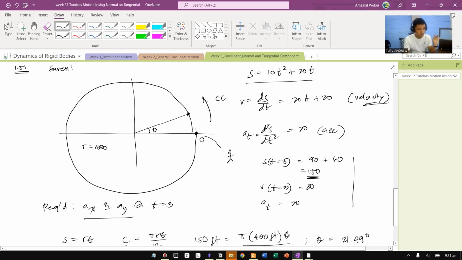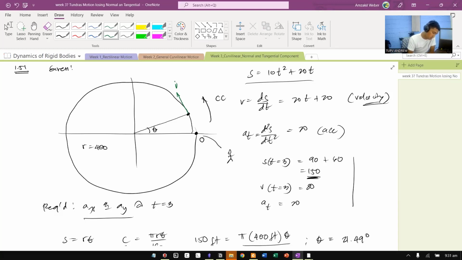Okay, so we know the equation of the particle. We can now project the velocity and the tangential acceleration, and then see the x and y components of the acceleration. So let's change color. For the velocity, let me use green. Velocity is tangent, which is 80. For the tangential acceleration, that is 20.